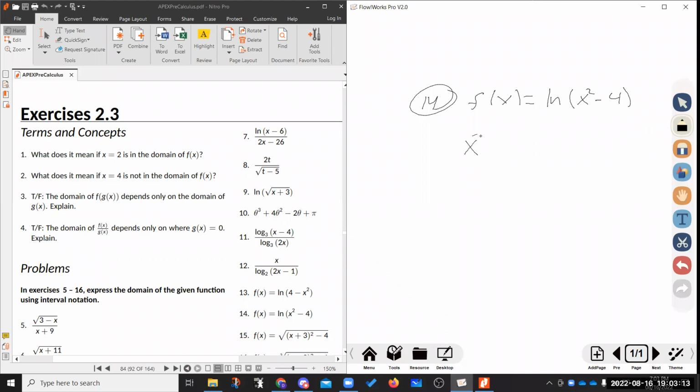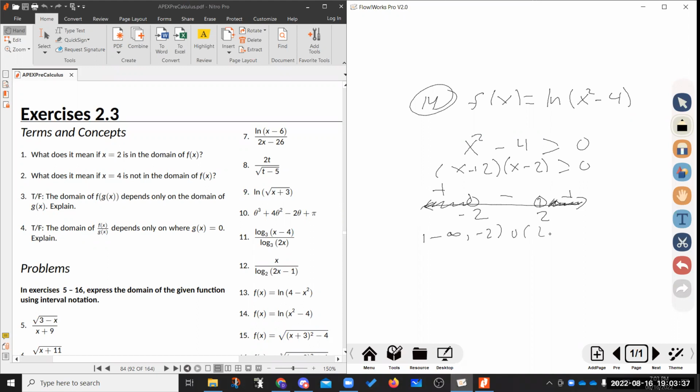So x squared minus 4 is going to be greater than 0. X plus 2, x minus 2 is going to be greater than 0. So we have -2 and 2, plus, minus, plus. We want greater than 0, so we want the positive part here. So we have -infinity to -2, union 2 to infinity.